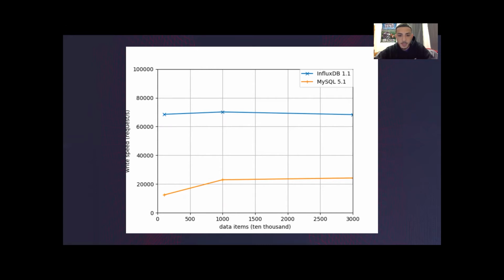Like I said, this is just a characteristic of InfluxDB. But like I said before, a consequence of this for InfluxDB is that its delete and update functions are strictly restricted, and in MySQL they're not as restricted, so you can update the data better and you can delete the data better.